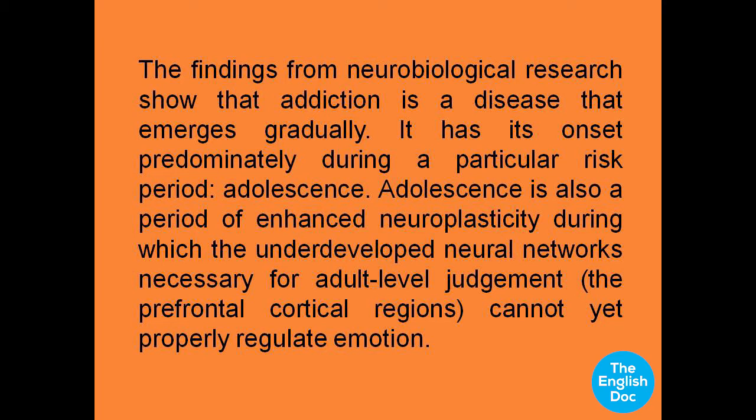It has its onset predominantly during a particular risk period, adolescence. Adolescence is also a period of enhanced neuroplasticity, during which the underdeveloped neural networks necessary for adult-level judgment, the prefrontal cortical regions, cannot yet properly regulate emotion.